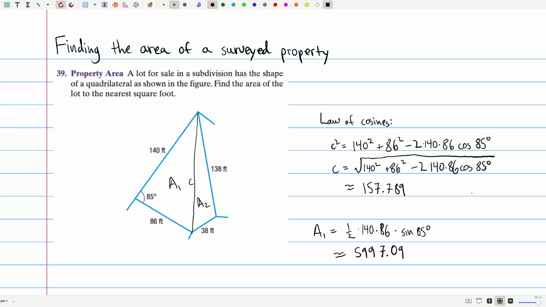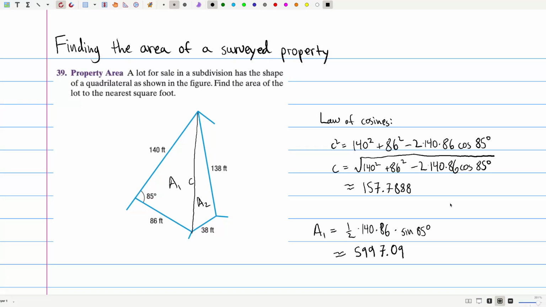I'm just going to keep one more digit for safety, just to be careful. Okay, so we've got half of the lot area. Now we need to figure out this A2 area.